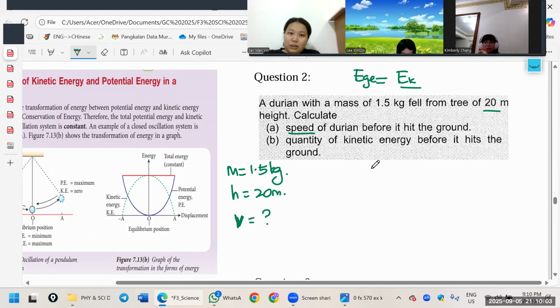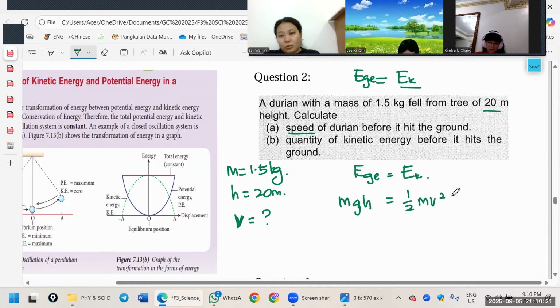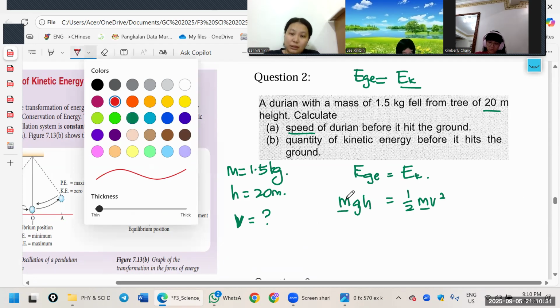So EGE equals to EK. Then let's do this. MGH, substitute the formula for gravitational potential energy, equals to half mv squared. Then you can choose to substitute m, or you can just cancel them.